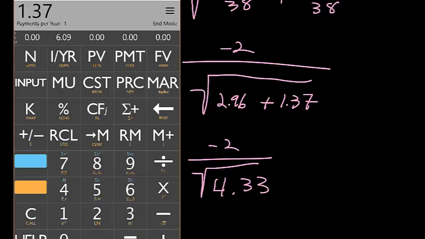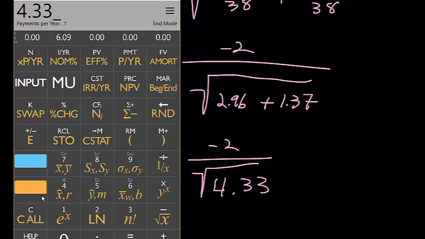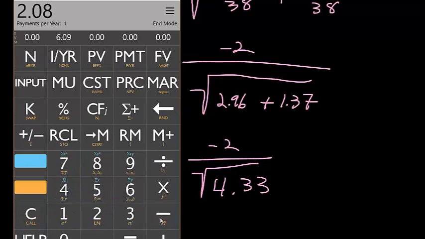Fancy calculator. The square root of 4.33 is 2.08.